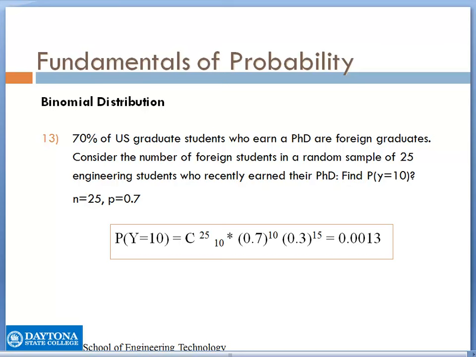And this is because the way that you get 15 is n minus y, where n is the number in the sample, which is 25, and y is the number of non-conforming in the sample, which is 10. So that gives you the 15. So this is equal to 0.0013 or 0.1%.